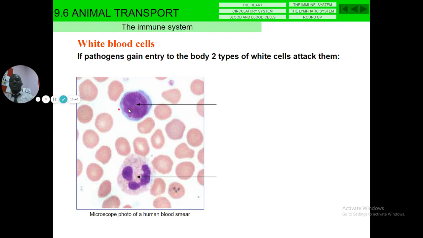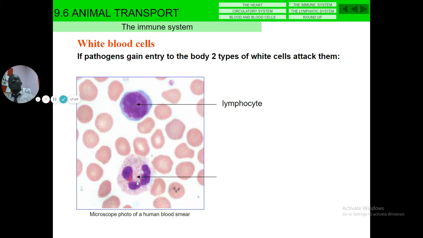The one with one big nucleus, which is large, are called lymphocytes. These lymphocytes are produced in the lymphatic system, and they work as stem cells.